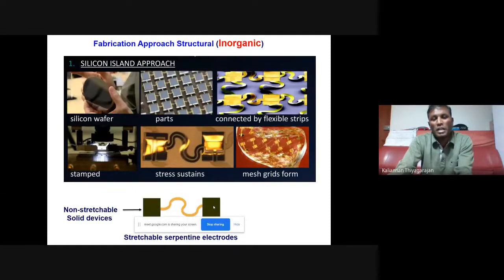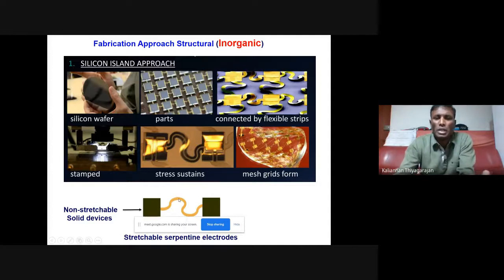Like you will fabricate a stretchable device, but the material is not really stretchable, it is inorganic, but with the approach, the electrode is stretching. So this will be useful for one kind of application.